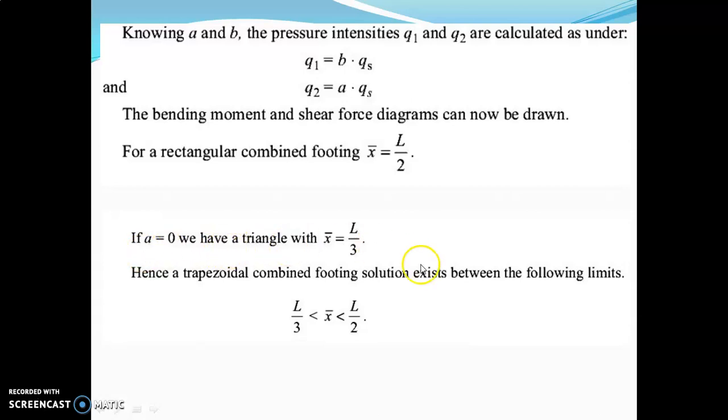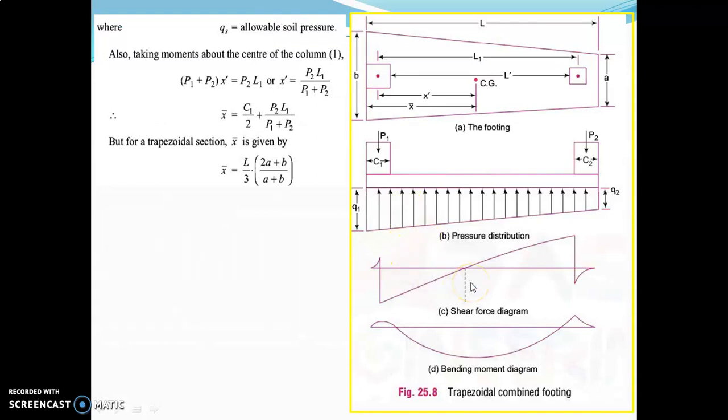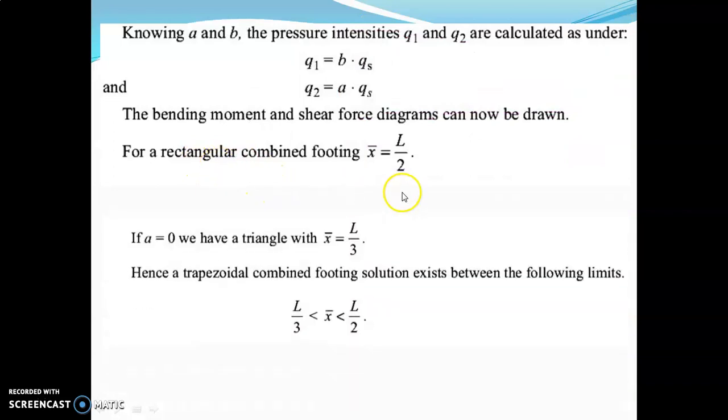Suppose this is a trapezoidal. If A is equal to 0, then it takes this shape, right? Because this is 0, this length will not be there, so it takes the triangular shape.